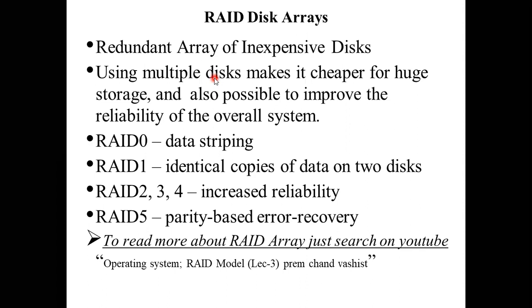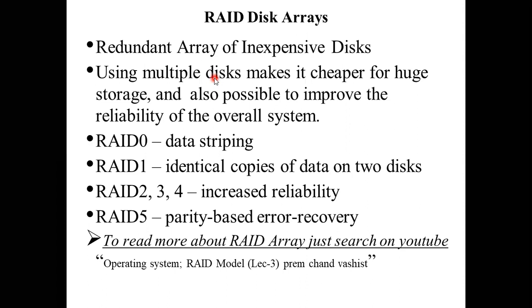this RAID model. So we have different types of RAID models, that is RAID 0, RAID 1, RAID 2, 3, 4, RAID 5. So what are these? If we are having identical copies of the data on 2 disks, then it is called the RAID 1 model. If we are having 2 copies or 3 copies, then these are RAID 2, RAID 3, RAID 4.